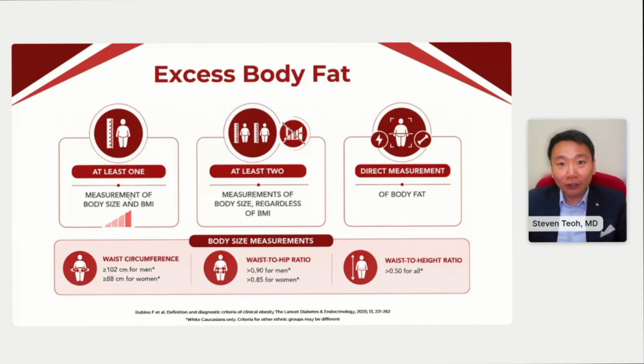You can now diagnose someone having excess body fat by direct measurement of body composition or through two readings of body size, which can include waist-to-height ratio, waist-hip ratio, and or waist circumference. Of course, if you still want to use BMI, you just add on another body size measurement like the three that I have mentioned. So this is something new and really shook the obesity care community at that time.